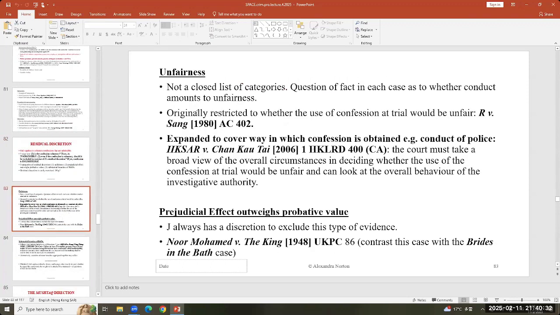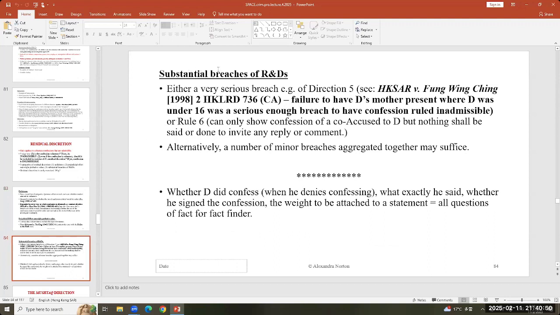So unfairness, remember Chan Kau Tai, an expanded definition, not just whether it's unfair to use it at trial, but could cover the way in which the confession is obtained. Prejudicial effect outweighs probative value. That's just a general evidential principle. And when it comes to breaches of the rules and directions, usually we need either a very large number of breaches or more than one breach, right?